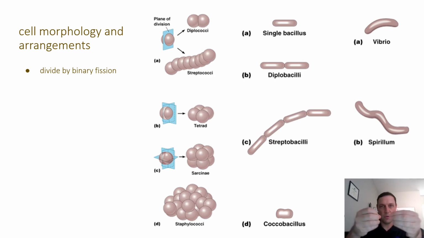It may divide this way and this way, right? Now you can end up with 4 connected. It may divide this way, and this way. Now you end up with the 8 that are connected. So the directionality of division is what leads to these different arrangements. That and whether or not the cells will stay connected to each other.